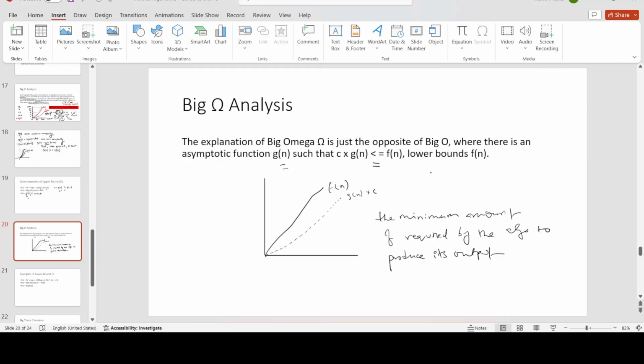So it's known as best case complexity, best case time complexity, which is also the minimum amount of time required by the algorithm to produce its output.